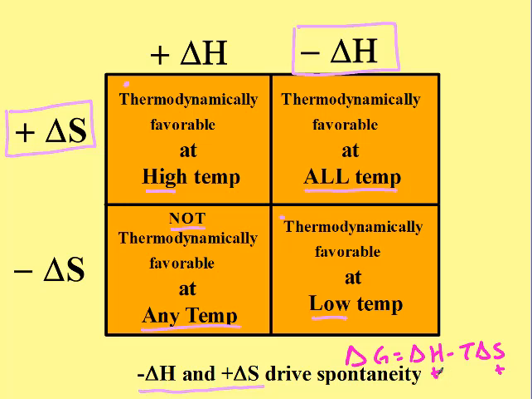So I want my H to matter very little. I want my S, which is for spontaneity, to matter more. In order for it to matter more, I need a high temperature. The higher the temp, the more that S will matter because it's being multiplied, making that product larger. So that way it can overcome the positive delta H.